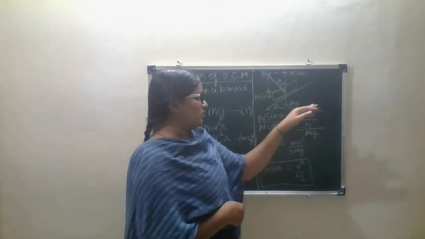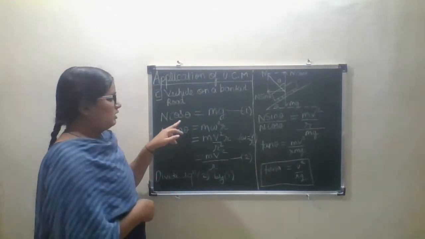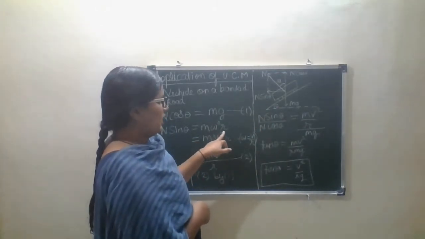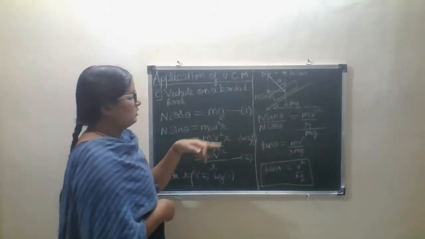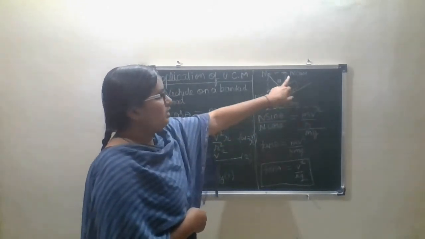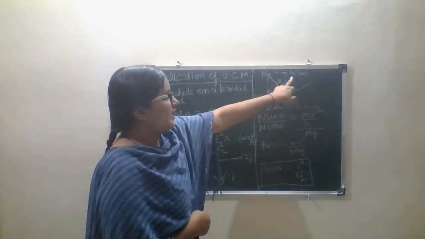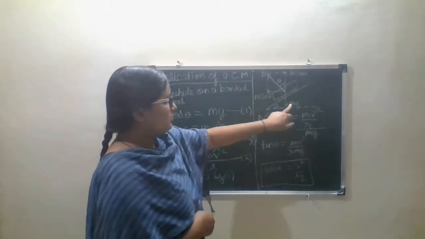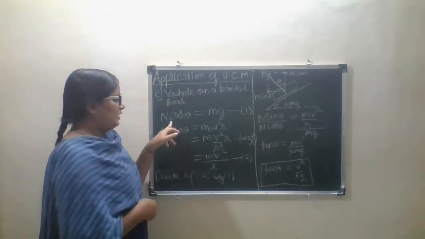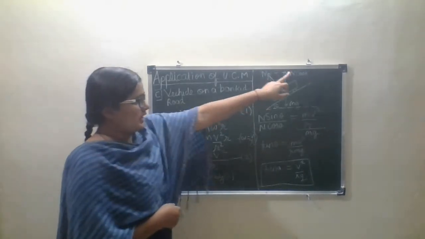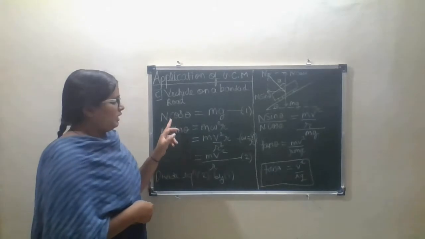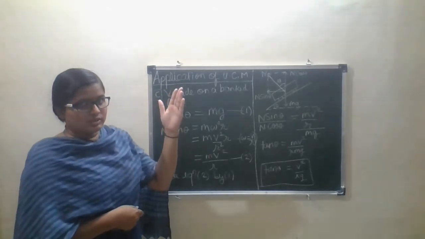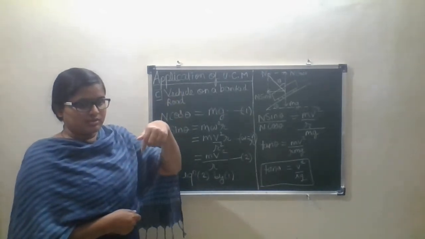So we can write that N sin theta is equal to m omega square r. And N cos theta, which is directed upwards, balances mg directed downwards. So we can write N cos theta is equal to mg, where N cos theta is directed upwards and mg is directed downwards.